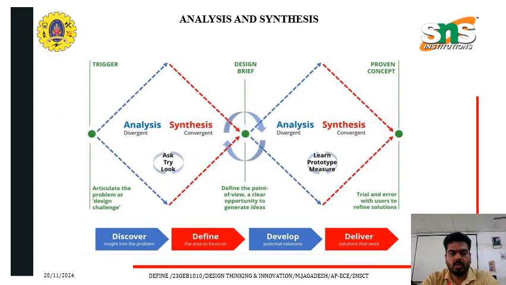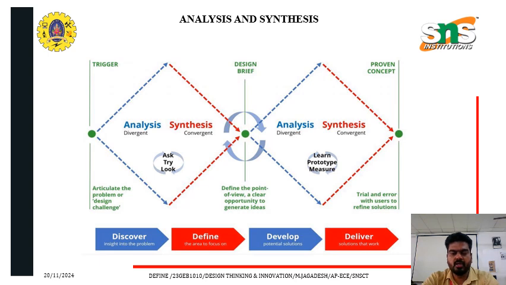We know design thinking is a divergent and convergent type of process. So analysis becomes divergent and synthesis becomes convergent. And design in brief defines the point of view, a clear opportunity to generate ideas. Finally, we will have trial and error with the users to redefine the solutions.